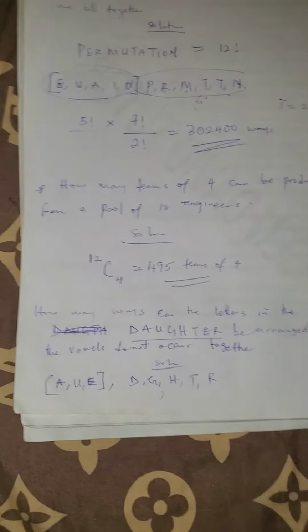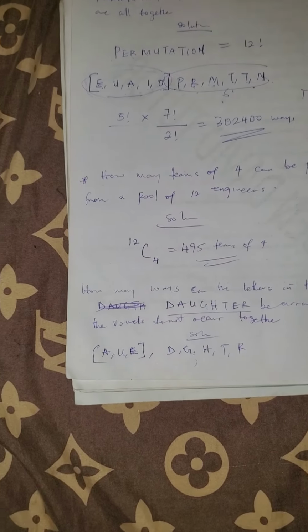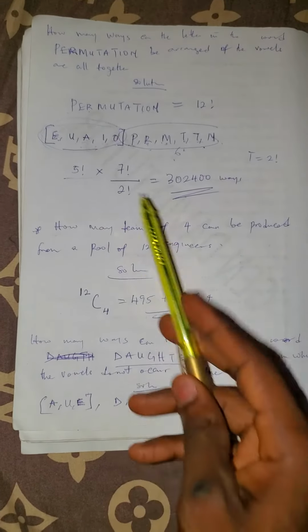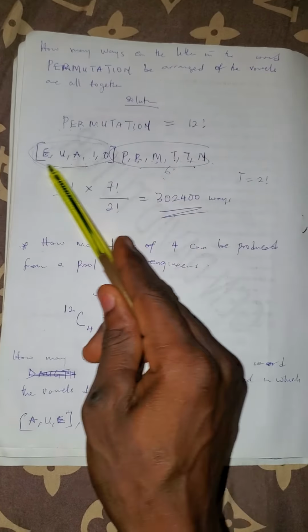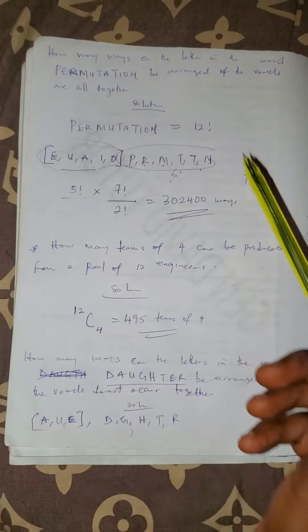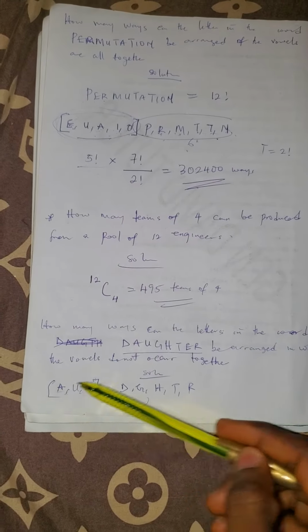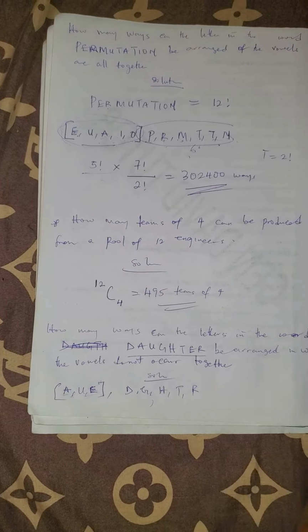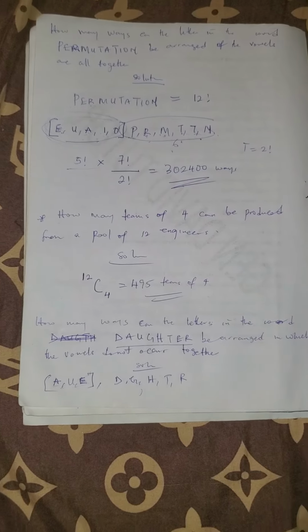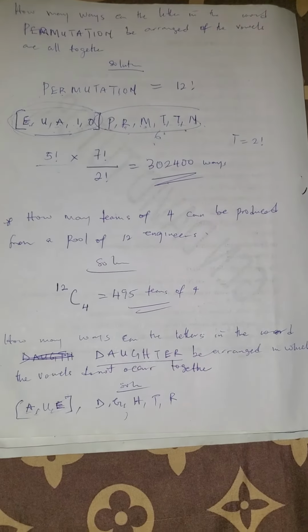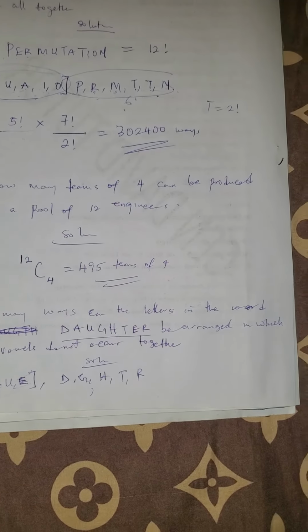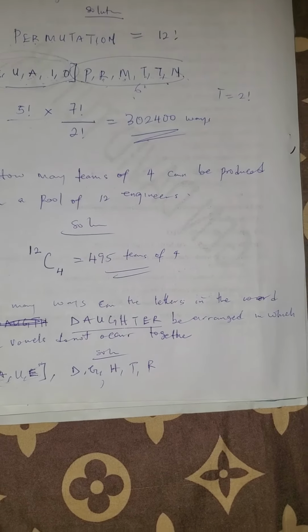Unlike the previous one, where we did the factorial for the vowels, then multiplied by this one and took them as 1, this time around they are not together. So the vowels did not occur together.